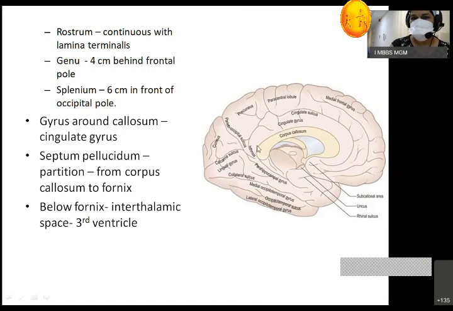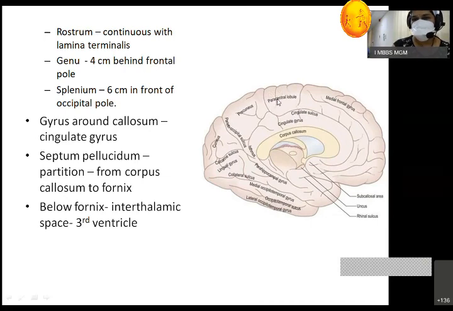Now just beside the corpus callosum, there is a sulcus called the callosal sulcus, which is separating the cingulate gyrus from the corpus callosum. Above the cingulate gyrus, there will be the cingulate sulcus. Now, this is the paracentral lobule. I told you this will be the central sulcus. The gyrus around this central sulcus is paracentral.